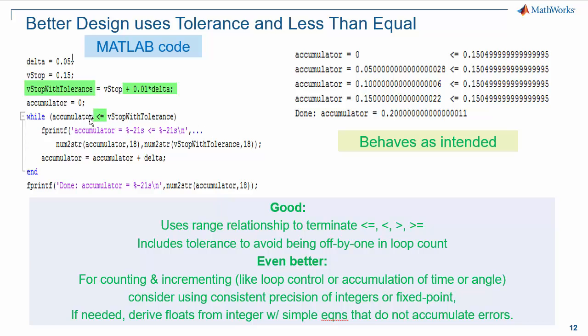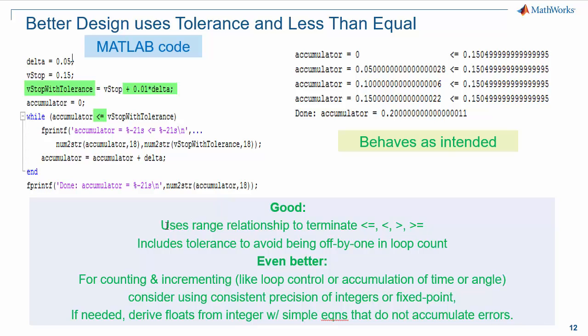So if the accumulator is less than or equal to this stop with tolerance, we keep going. But once it's anywhere above, it will stop. So we'll avoid that runaway infinite loop. And so now, using the range condition and the tolerance, this behaves as expected. We go through the loop 4 times, and everything is good.